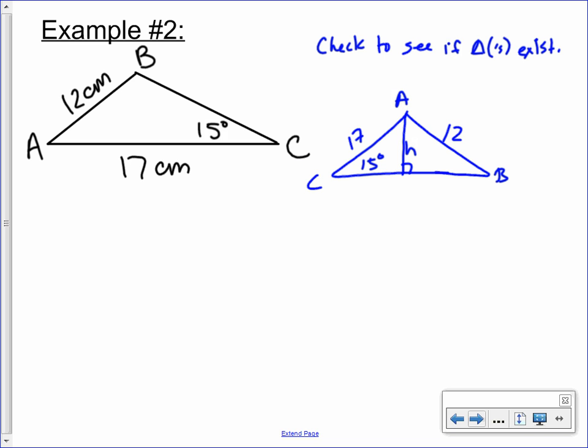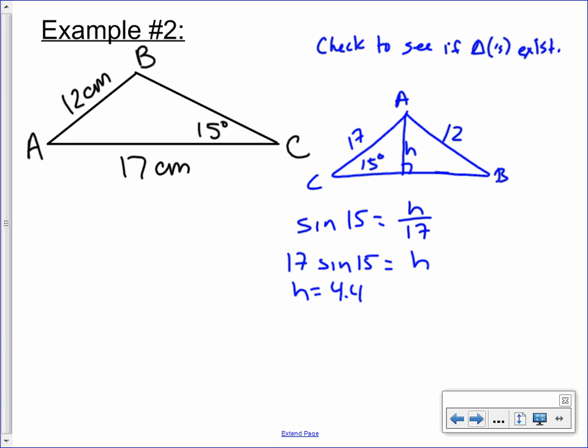So we're going to check to see if we have a triangle. Sine 15 is h over 17. So 17 sine 15 is equal to the height. And that's going to be 4.4.